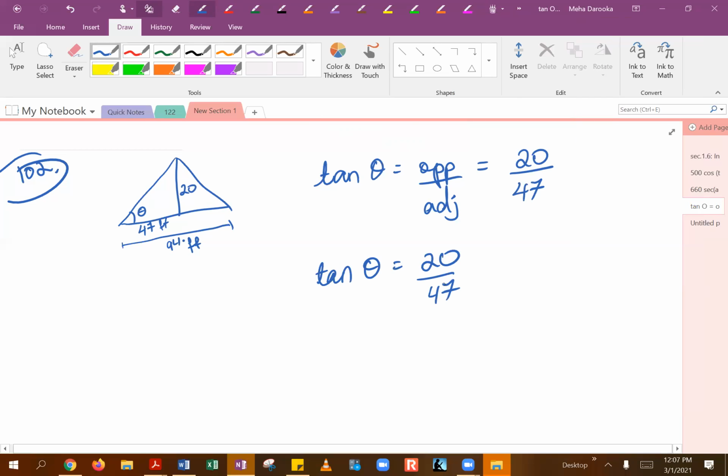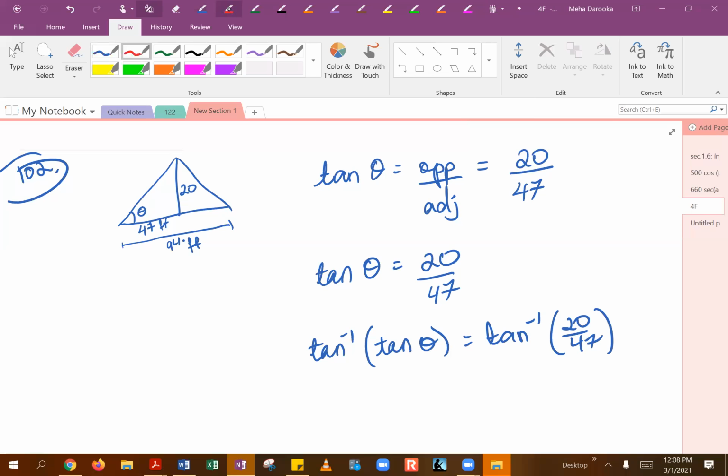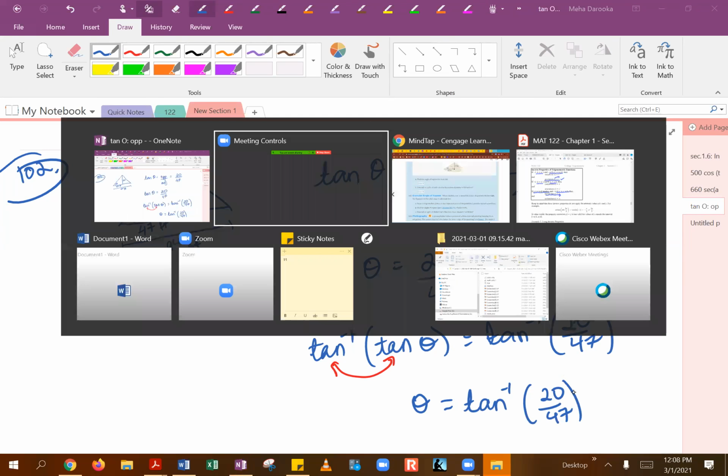So kind of like we were doing in the previous examples, once you have tangent theta equals 20 over 47, then we can use tangent inverse on both sides of our equation. Again, these would nullify each other, leaving us with theta, so you would have theta equals tangent inverse of 20 over 47.